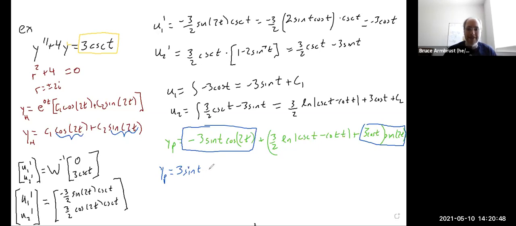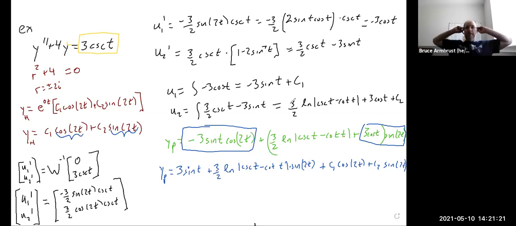So we're going to get 3 sine of t. I love trig. You get the quirkiest things that show up. Okay, and then that's the rest of that. And then we add on to that the homogeneous piece. So big exhale, sigh of relief. But there's our solution.